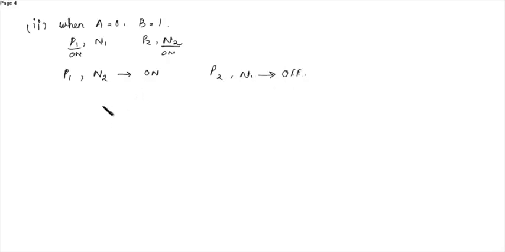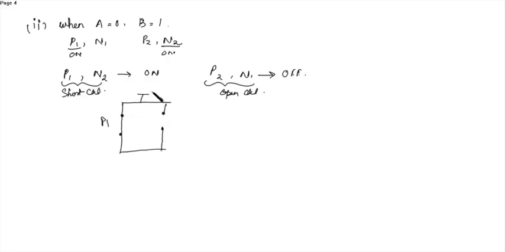So now let's see what happens to the schematic. This is for P1. P1 will be short circuited. These two will be short circuited and these two will be open circuited. So this is short circuited, this is P1. Now P2 will be open circuited. This is same connected to VDD.